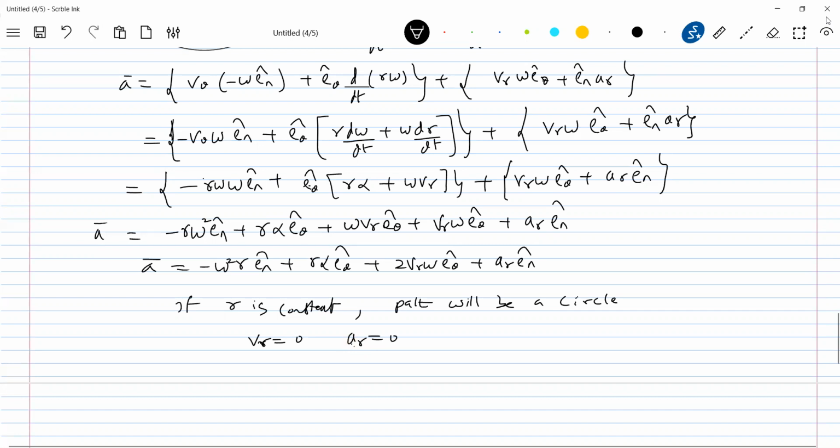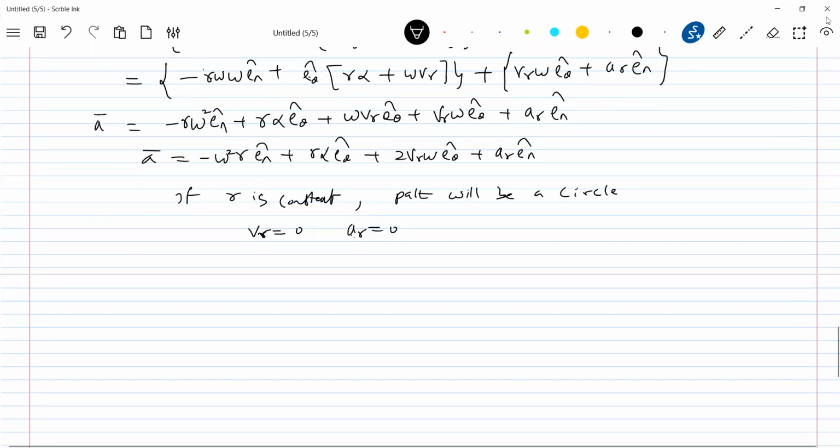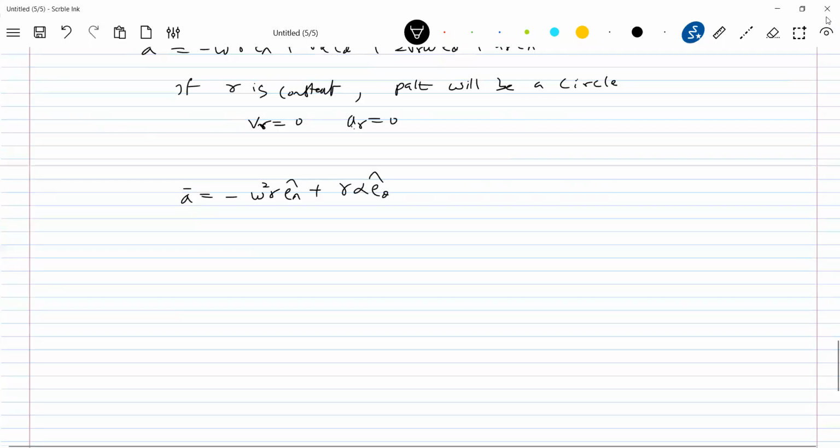Then what is the total equation? It will just end up with A bar equal to minus omega square r en cap plus r alpha e theta cap. Only 2 accelerations are there, one along the normal direction, radial direction, other tangential direction. So what are these 2 accelerations?